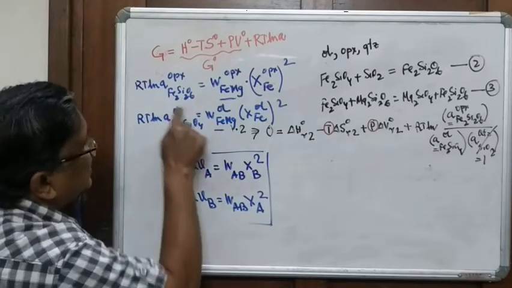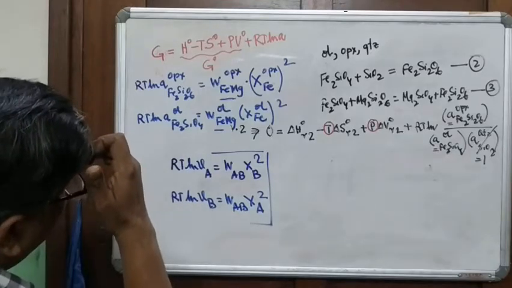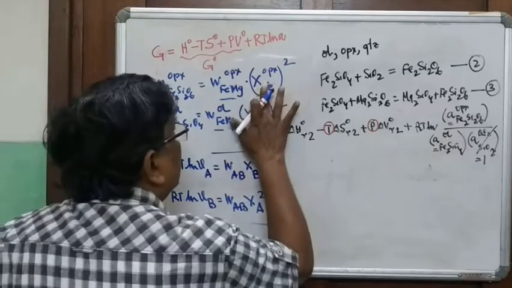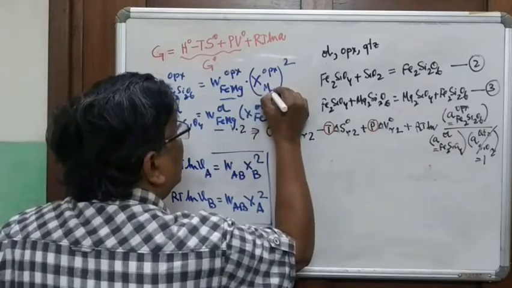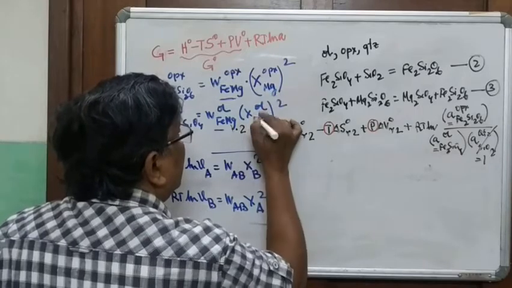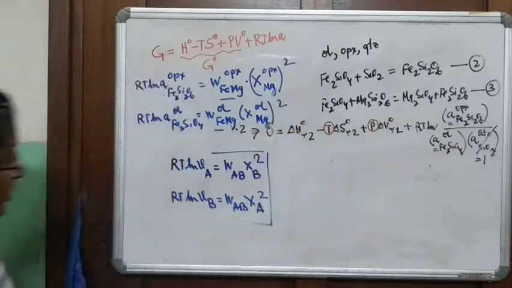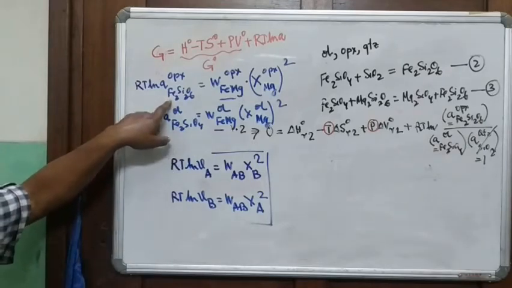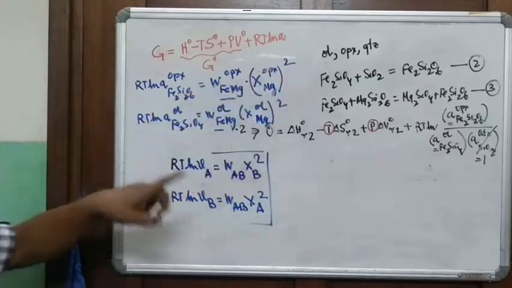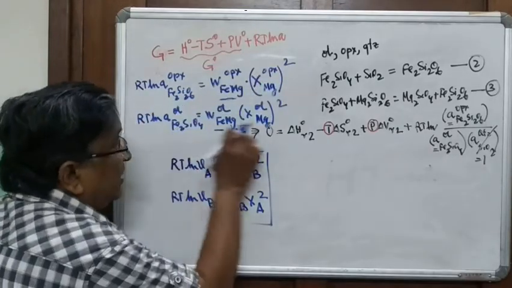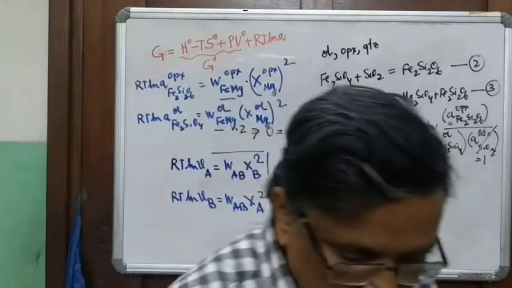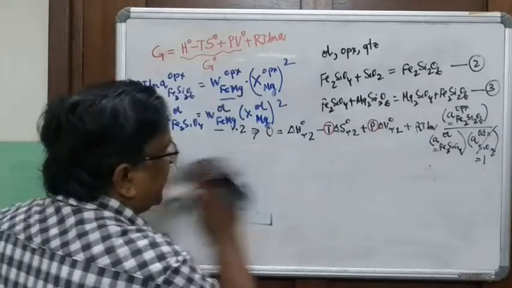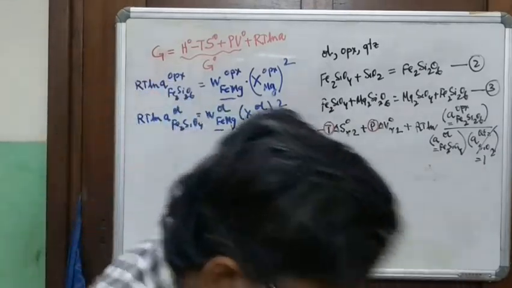So if I take RT ln. You see, I made a mistake. So if this is RT ln gamma A, if A is Fe, then this should be Mg. And similarly here, if this is AB, this has to be Mg. So if I do this now, and if I incorporate this expression into this, what will I get?